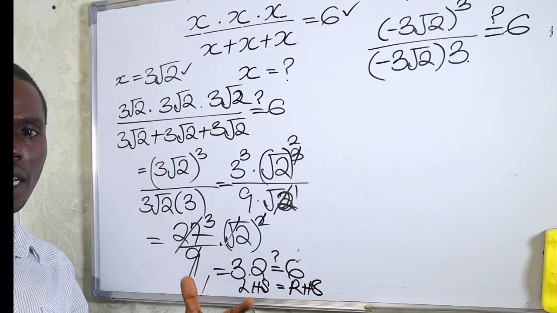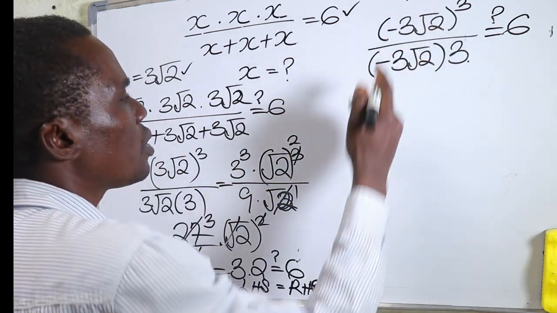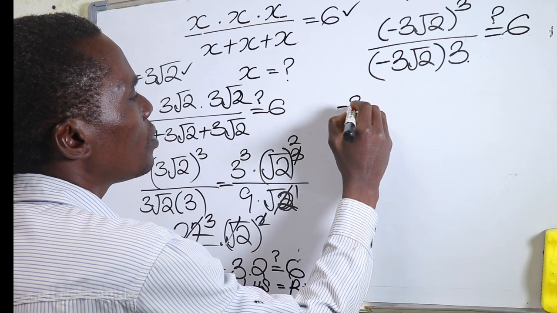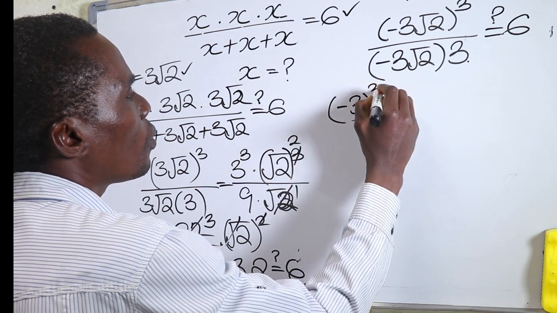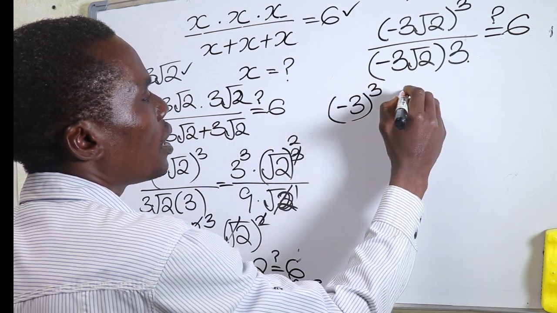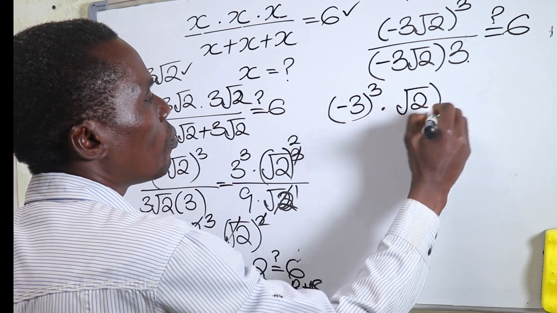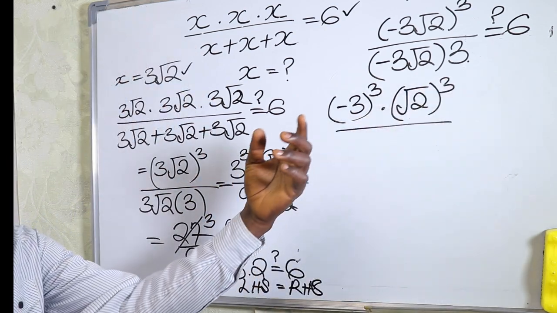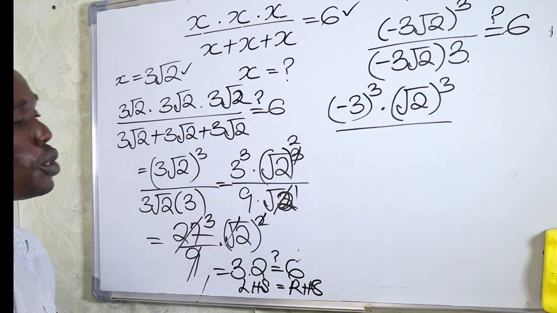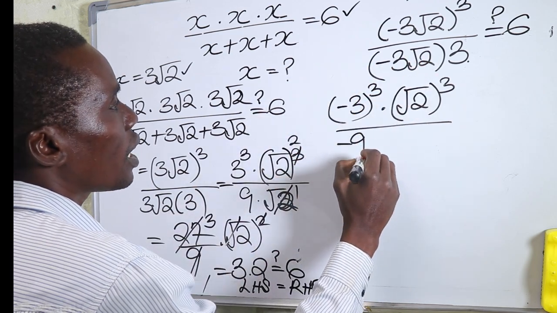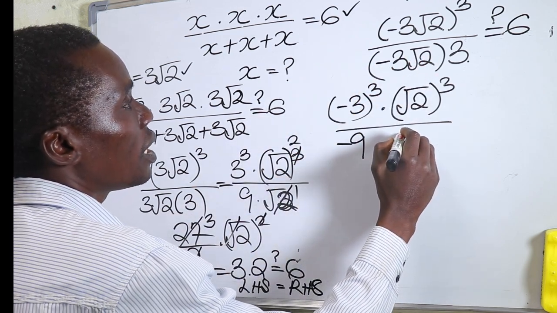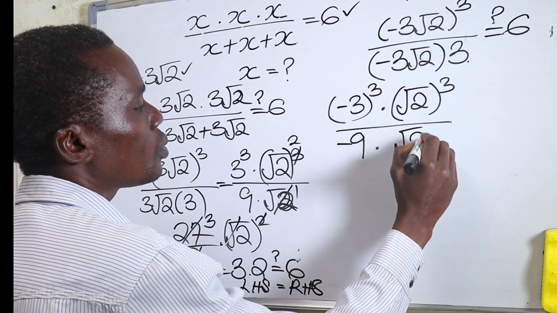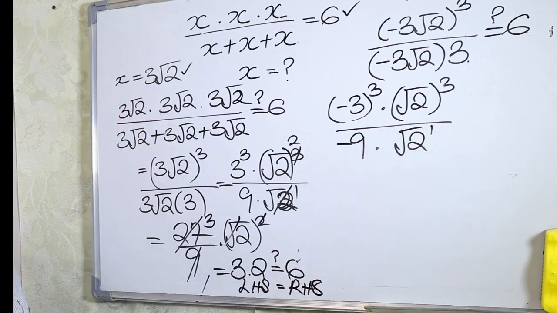Now let's look at that. Can that be equal to 6? If we separate that, we'll have negative 3 all cubed multiplied by square root of 2 cubed. And all of these will give us what? This multiplied by 3 is going to give us negative 9 multiplied by root 2, which is to the power of 1.